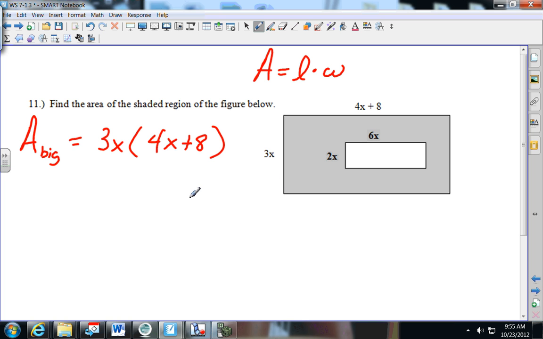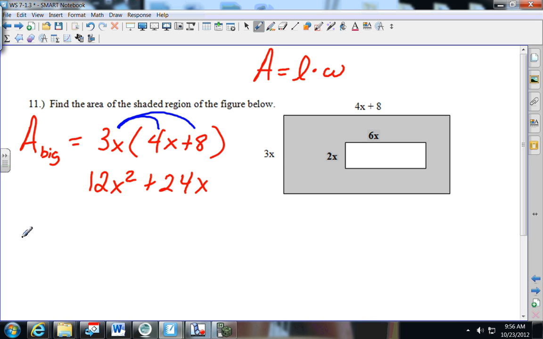To do this, I'm going to take 3x times 4x and 3x times 8. So I have 3x times 4x, 12x squared. Then 3x times 8 plus 24x. I can't put these together because this is an x squared and an x.